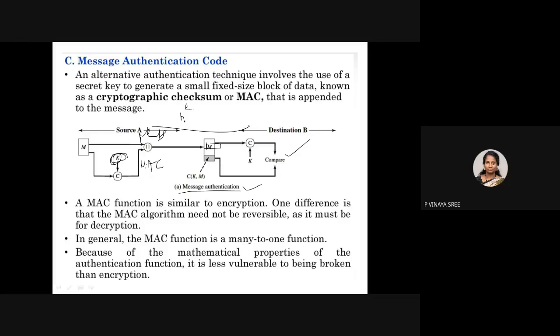For example, if I'm sharing an exam schedule, saying that on this particular date there is an IS exam, and on the next day there is a CN exam, then you should know whether the message is from an authorized person or not. If I share a message saying that on 24th there is an IS exam, on 25th there is a CN exam, you must know whether the timetable is really scheduled by the exam branch or not.